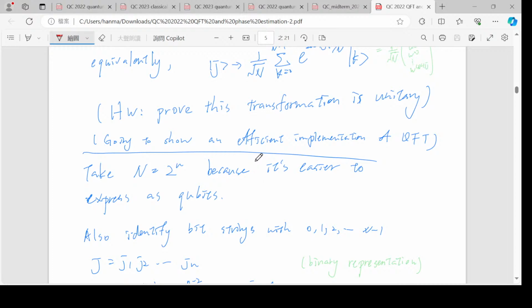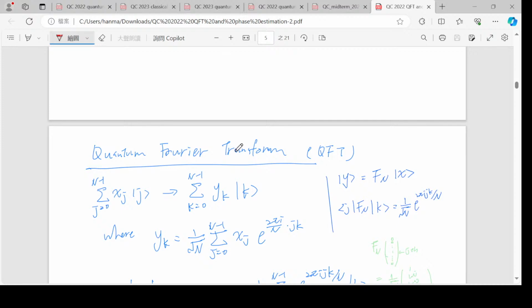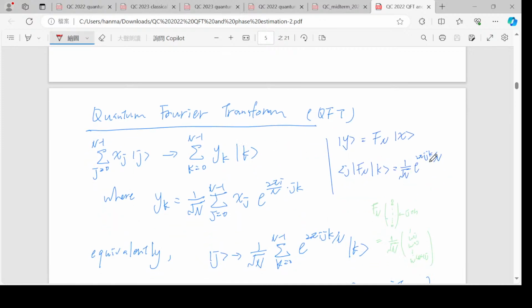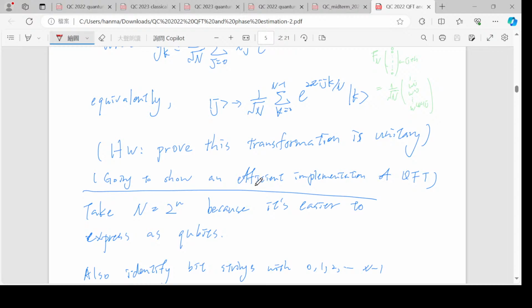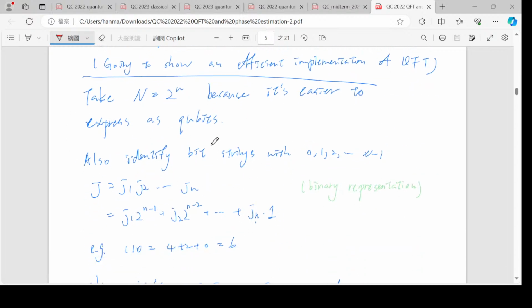Because it's harder to express this if N is an arbitrary integer. Up to now, N was an arbitrary positive integer, but now we want to express things in terms of gates on qubits.